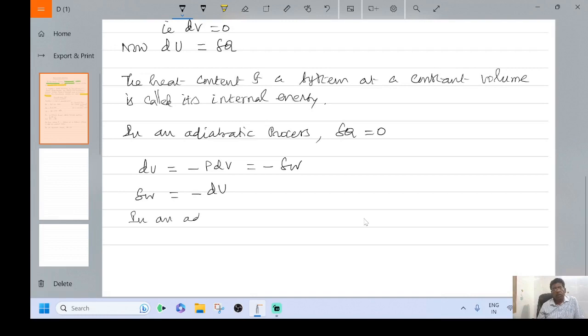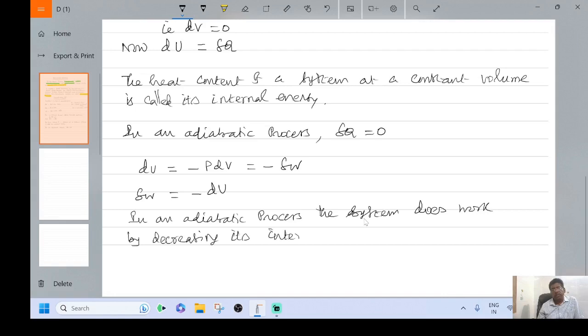In an adiabatic process, the system does work by decreasing its internal energy.